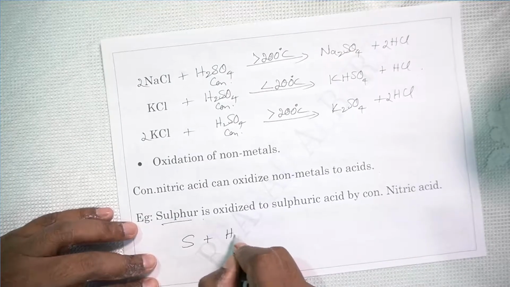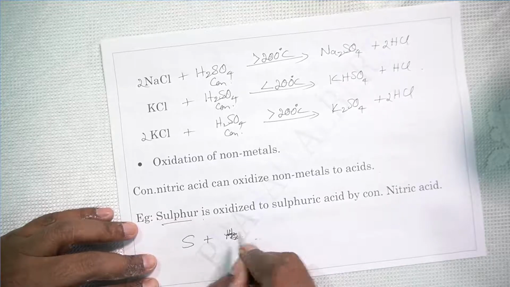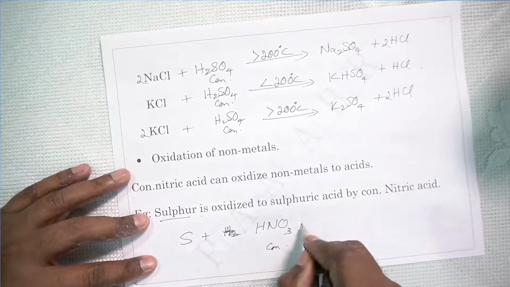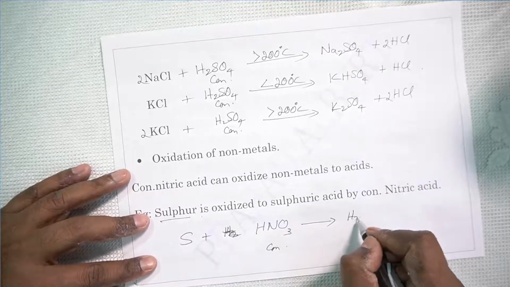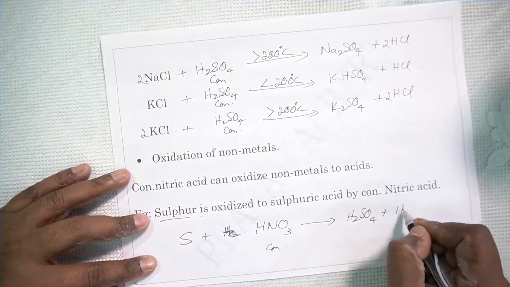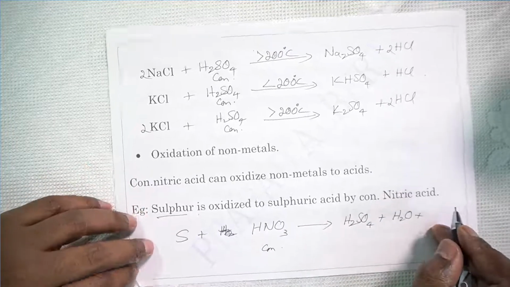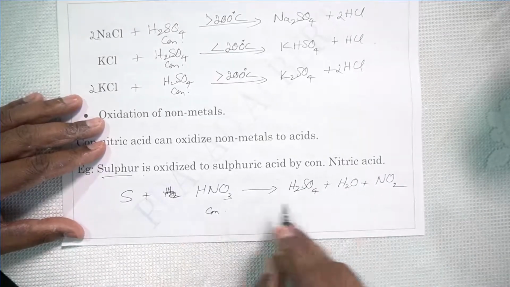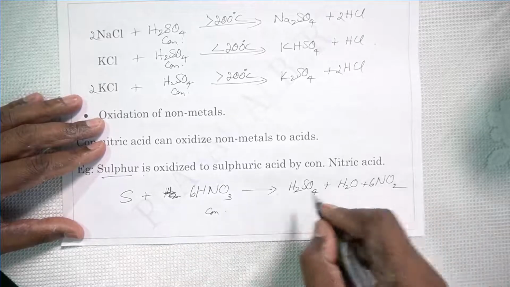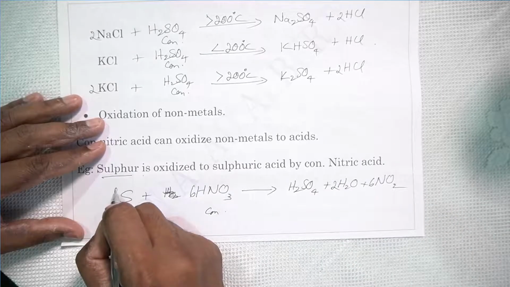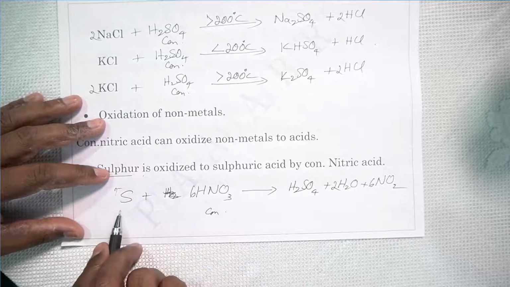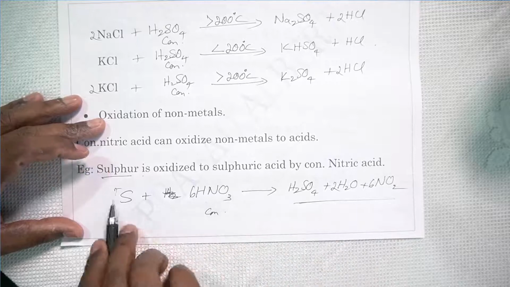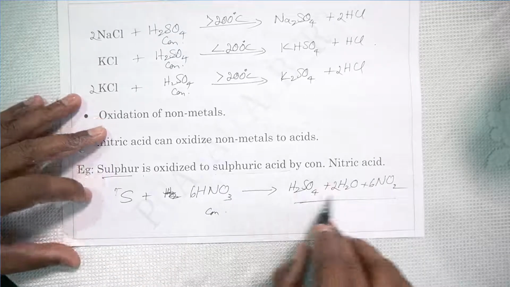Sulfur, when heated with concentrated HNO3, gives H2SO4 directly, and water and nitrogen dioxide, NO2. So 6 HNO3, 6 NO2, 2 H2O, and yes, it is balanced. So you get sulfuric acid. Sulfur is oxidized to sulfuric acid by concentrated nitric acid.